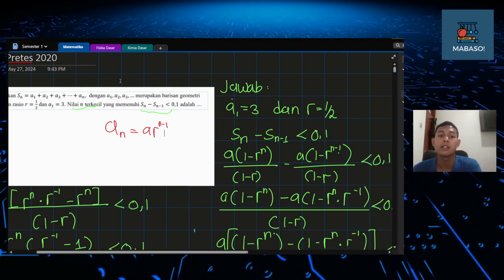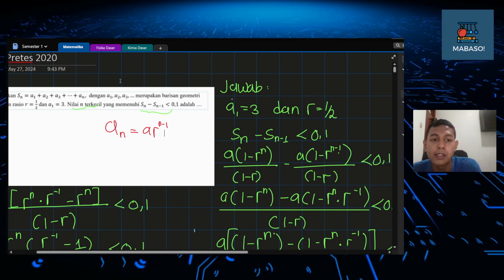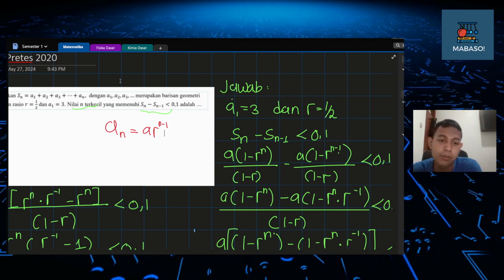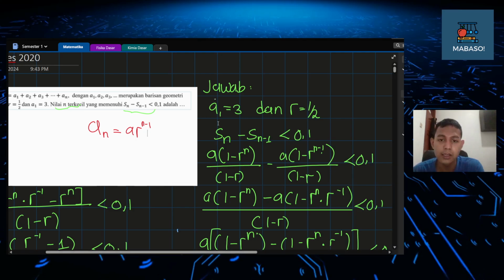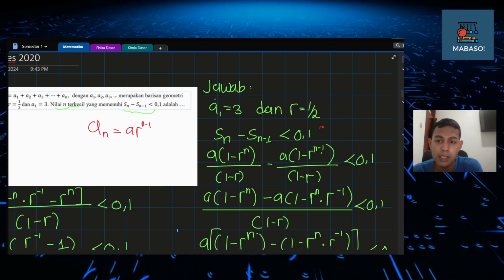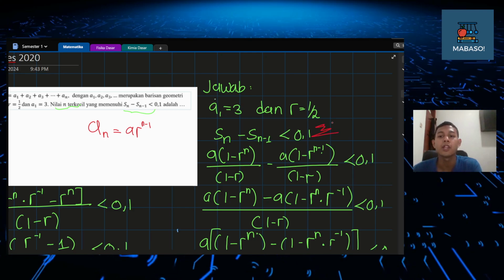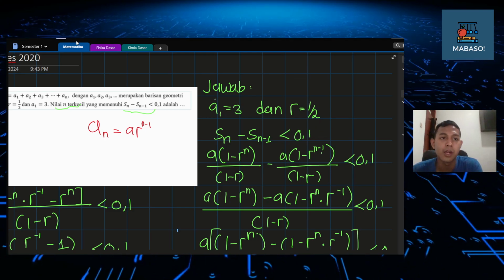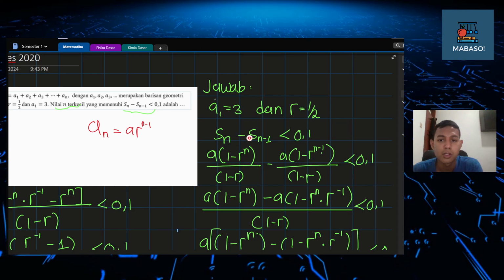This is the formula for finding the nth term of a geometric progression. And we know the condition being asked is this one.